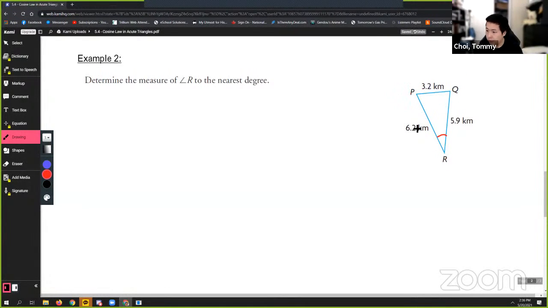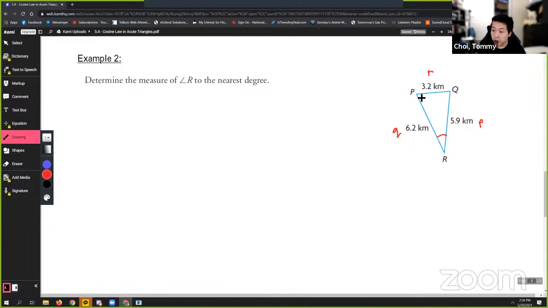But I want you to get comfortable to just use any letter, because a lot of you get really caught up in using just A, B, and C because that's what the formula gives you. But I want you to get to a point of understanding where it doesn't matter what the letters are, right? A, B, and C are just placeholders for their positions, right? So for us, this would be lowercase r, this would be lowercase p, and this would be lowercase q.